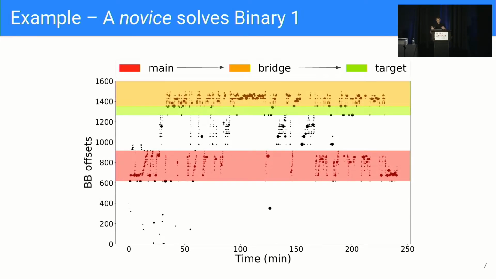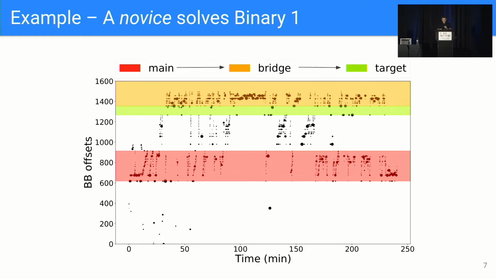This is a very complicated graph. Pay attention. On the x-axis, you can see the time in minutes of the running session, while on the y-axis, you see the offsets of the basic blocks within the binary. We highlighted in red, green, and orange all the basic blocks that belong to the respective functions. So for example, red is the main, orange the bridge, and so on.